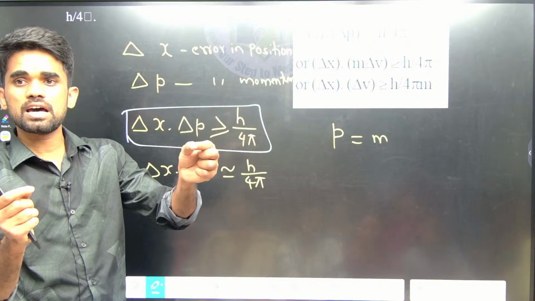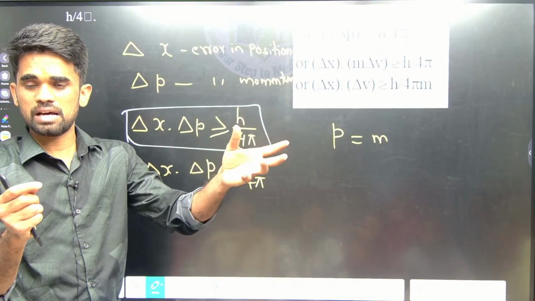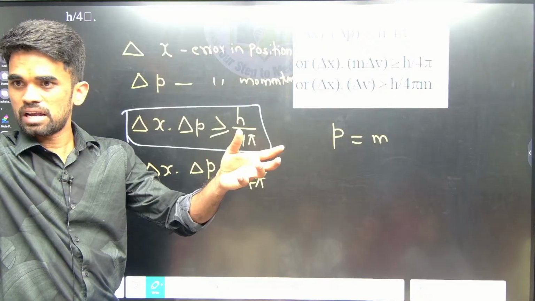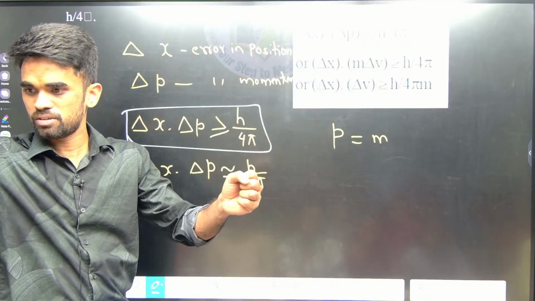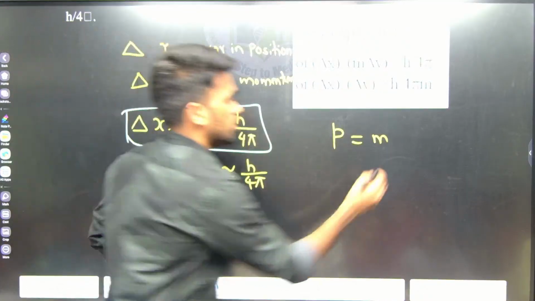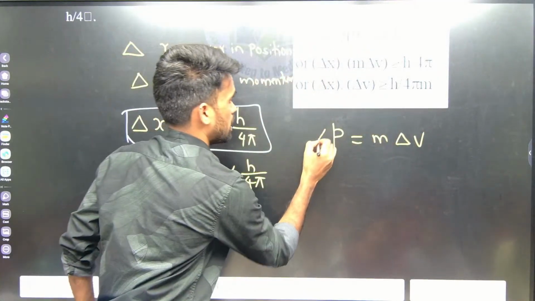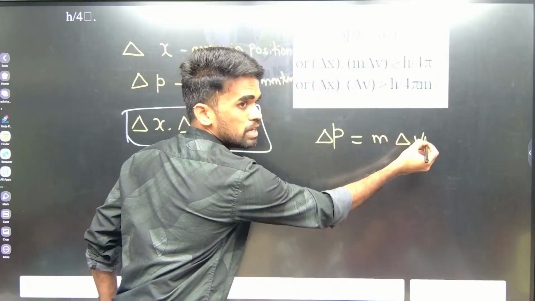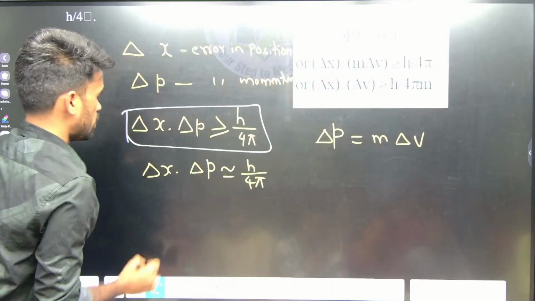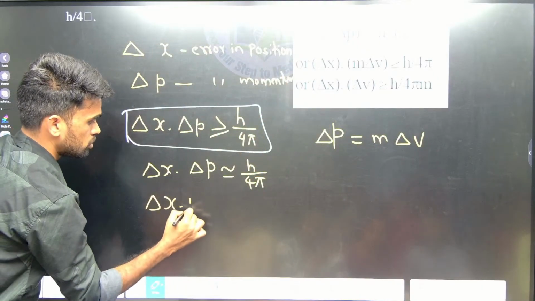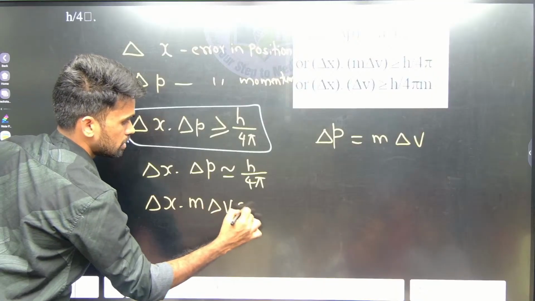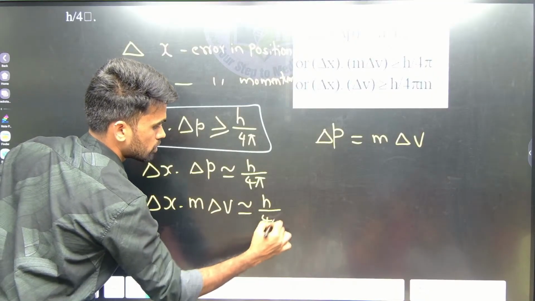In the first orbit it has some velocity, in the second orbit some other velocity. It depends on Z by n values. So mass will be constant, but velocity changes. So wherever I have del p, I can write m into del v also. So I am writing here del x into m del v equals h by 4 pi.